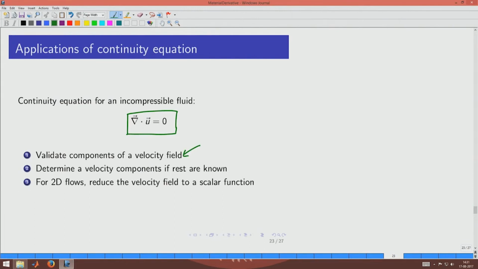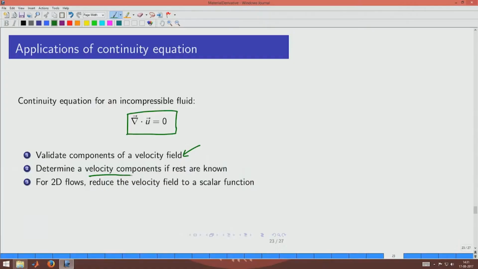If that is satisfied, it is a valid velocity field for an incompressible fluid. If you do not get 0, then you may suspect that it is not for an incompressible fluid. Very often that is how you can find mistakes in the velocity field when you write it down.